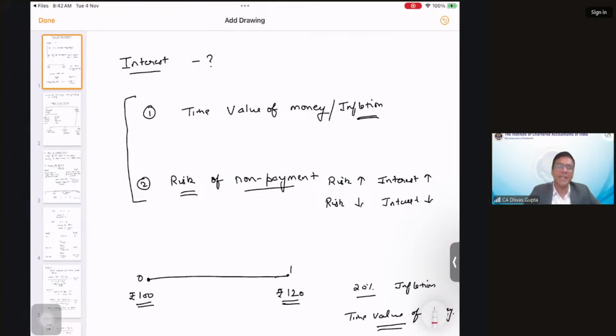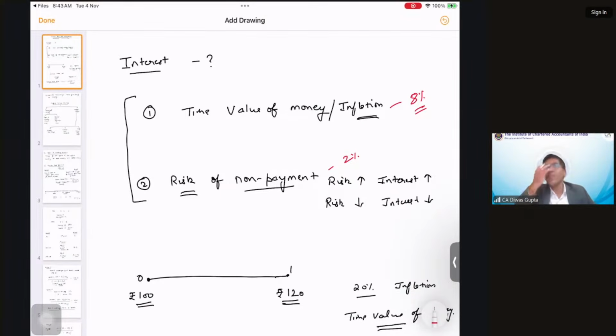Let's say overall Mr. A is charging 10%. Out of that, 8% can be attributed to inflation, and 2% can be attributed to the risk. So in totality, Mr. A is charging 10%, 2% on account of risk, and 8% on account of the time value of money, students. Clear?